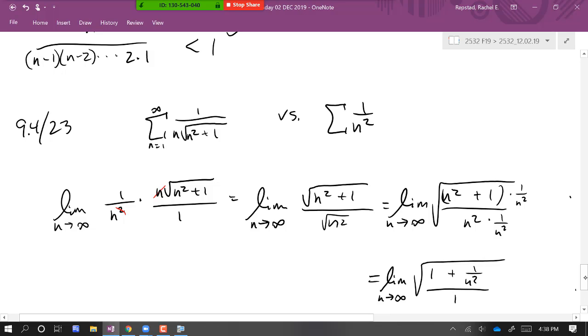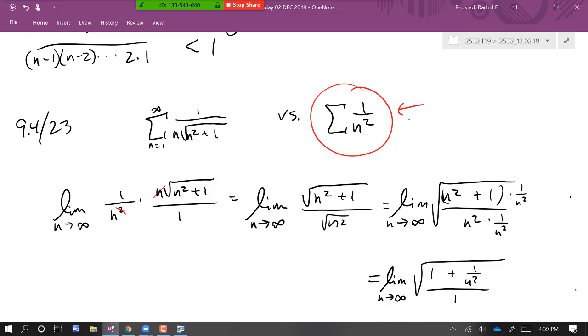Why? Is that because of the p-series? Yeah, what does this do? The p-series converges, yeah, because p is greater than 1.